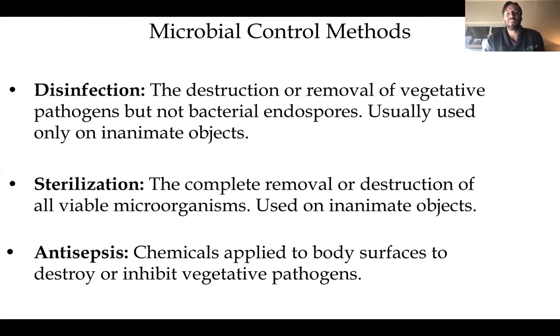And so disinfection is going to take care of pretty much most of the metabolically active vegetative cells and viruses and fungi, but it's not going to take care of endospores. So it's not sterilization. And disinfection we use on inanimate objects.